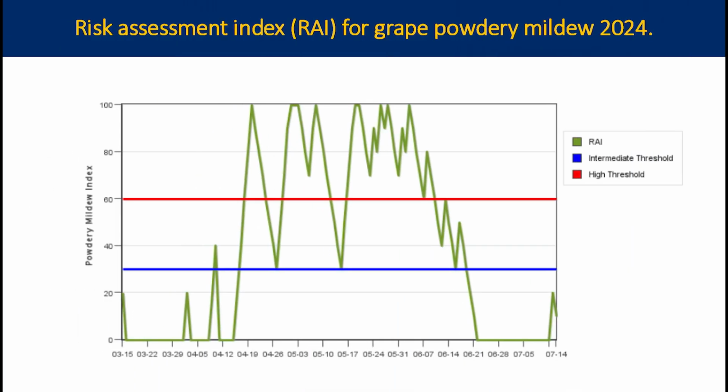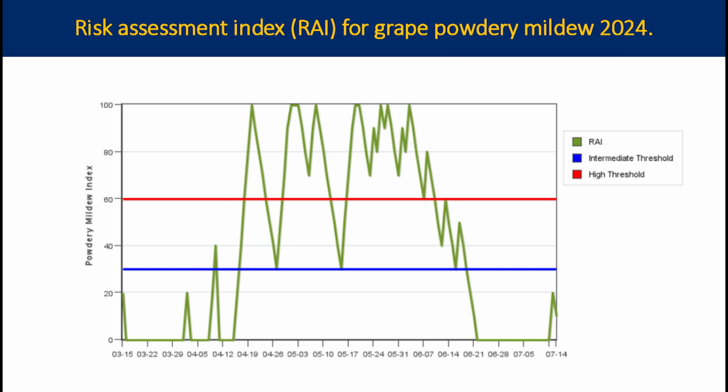So this is basically telling us that during the growing season, these green bars under that blue line, which is temperature related, mean you don't need to panic. The risk of powdery mildew is low, so you can continue doing soft chemical from now on.